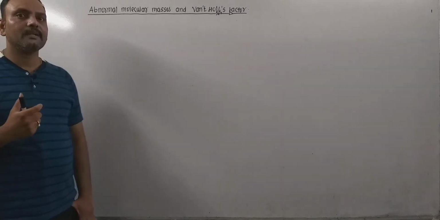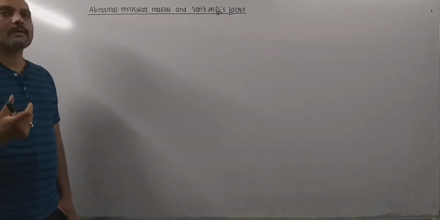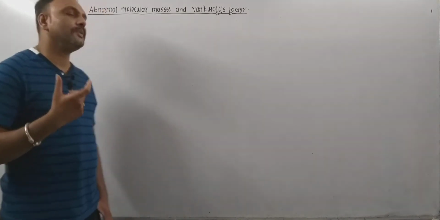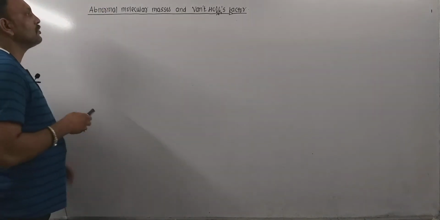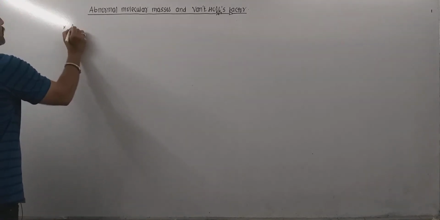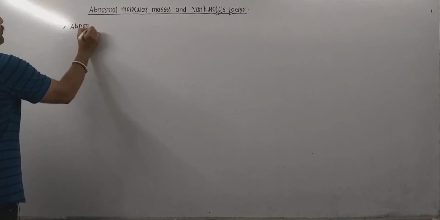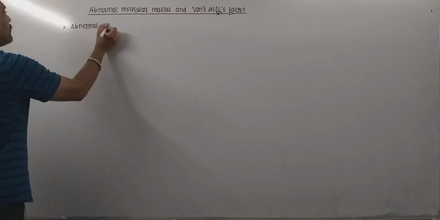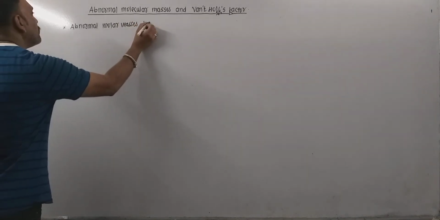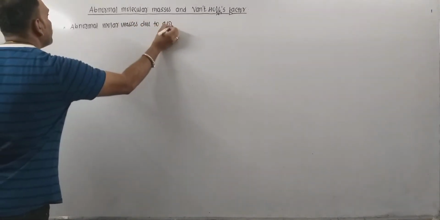So let's see the problems: what are the abnormalities and why abnormalities come during the calculation. First of all, we can discuss the abnormal molecular or molar masses due to association.